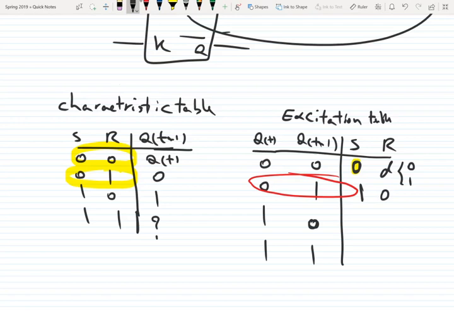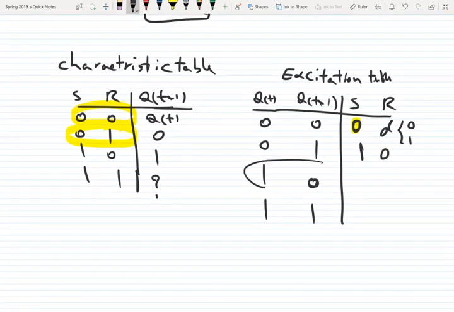So if S is 1 and R is 0, the output will be 1. Okay, the next line. Under which conditions, if Q is 1, the Q of t plus 1 will be 0? If S is 0 and R is 1, it means reset.